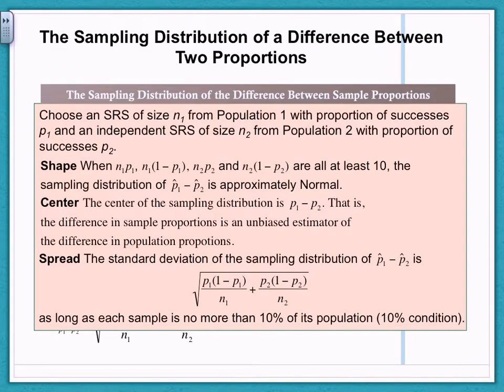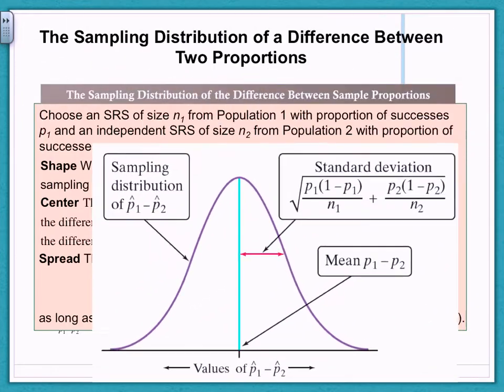But because you're dealing with two samples, you have to make sure that in both groups, the number of expected successes and failures are both at least 10. The center is at the difference between your two proportions, which makes this an unbiased estimator. And there's your standard deviation formula once again.